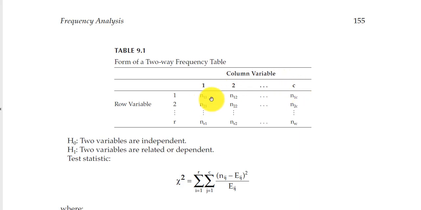These values inside the table here are the observed frequencies. So the subscripts refer to row 1, column 1, row 1, column 2, and those are the amounts that we observe. Those Nij values go into the test statistic here. So it says, is this demographic independent of this political issue?